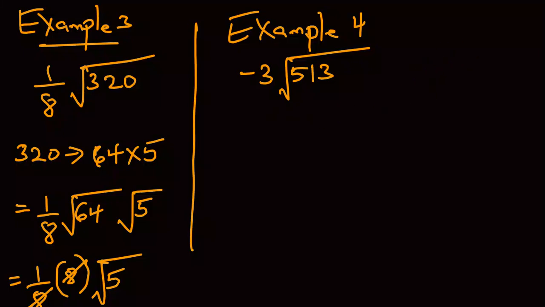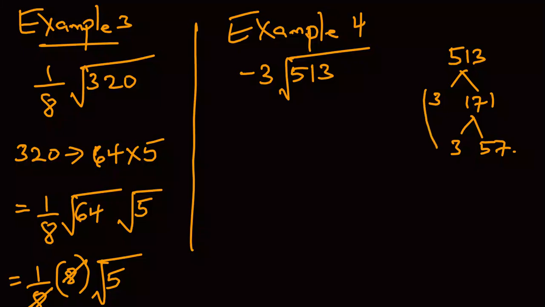To get the number easily, you can put it inside the factor tree. 513 is not divisible by 2, but it is divisible by 3. By 3 because of 171, then by also 3 because of 57.